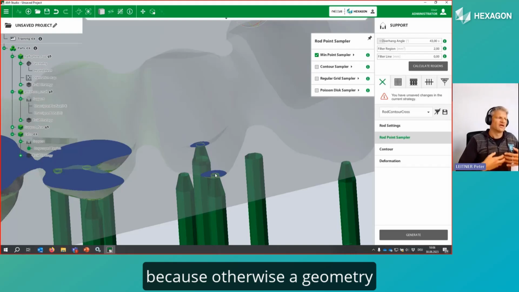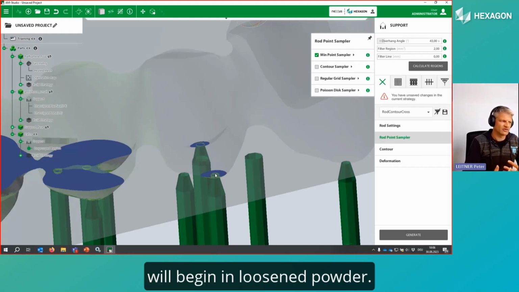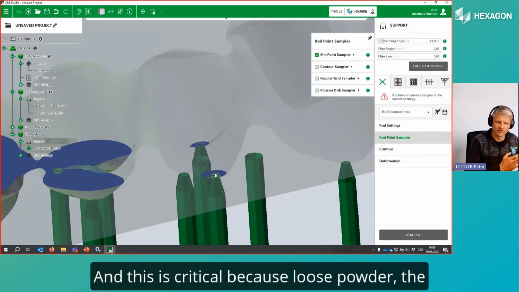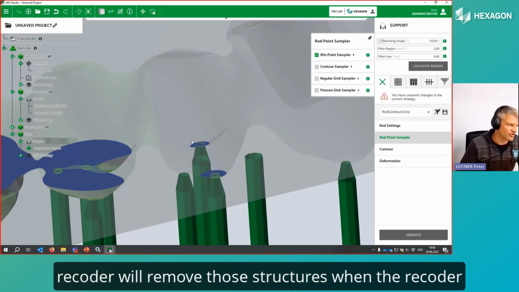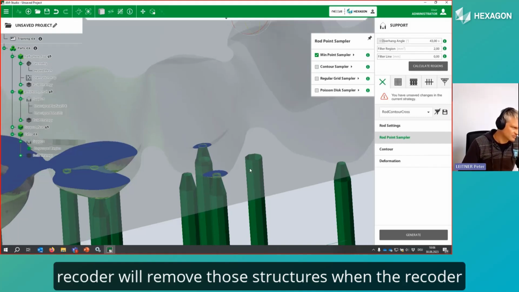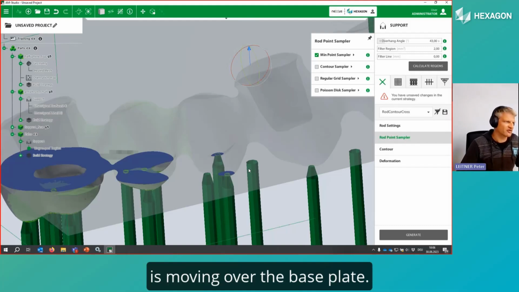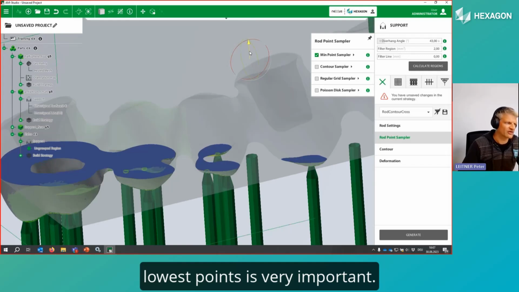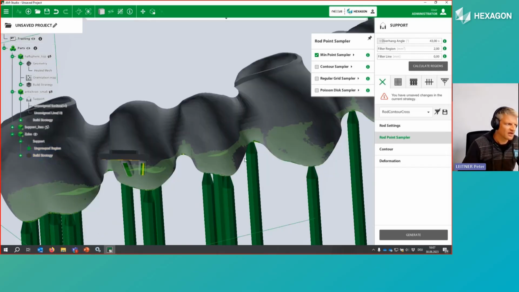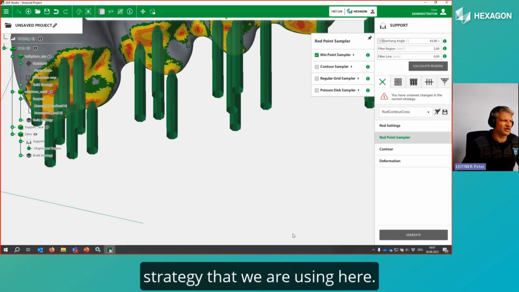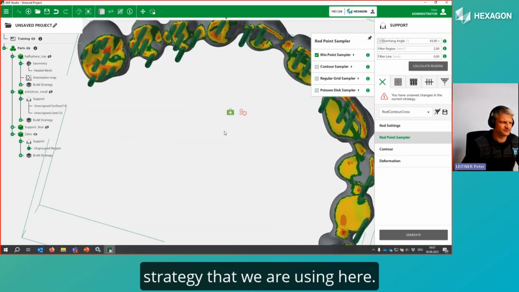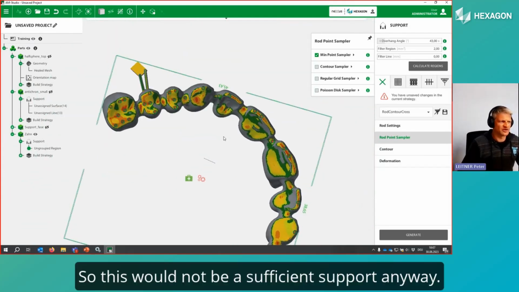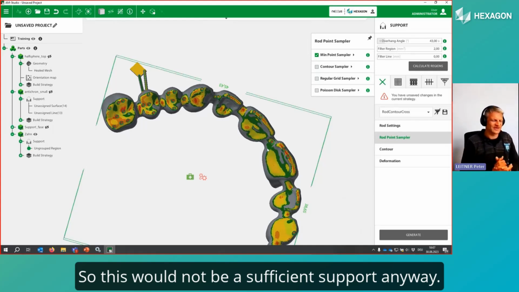Otherwise a geometry will begin in loosened powder, and this is critical because the recoater will remove those structures when it is moving over the base plate. So this detecting of lowest points is very important. This is the first sampler strategy that we are using here, but it would not be a sufficient support anyway.